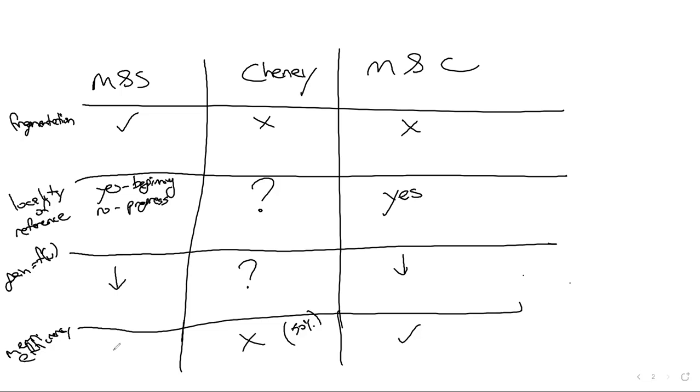And mark and sweep, well, let's make it neutral because sometimes, because of the fragmentation, it's not able to utilize memory efficiently, and sometimes it is. So we'll keep it neutral. And these are pretty much the advantages and disadvantages of all three of these algorithms.